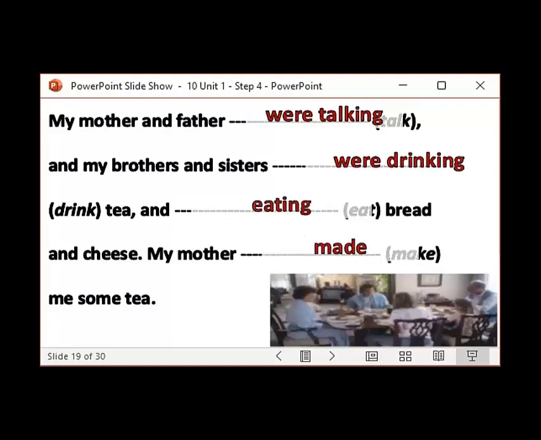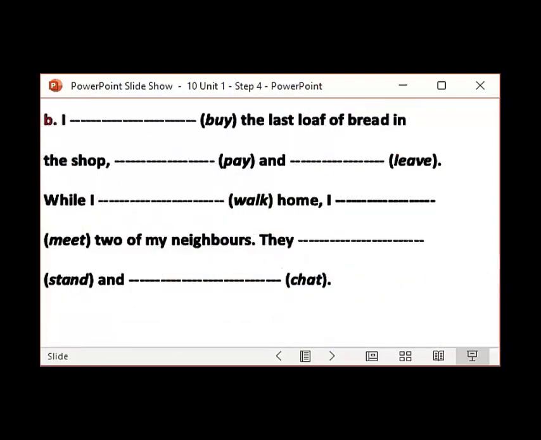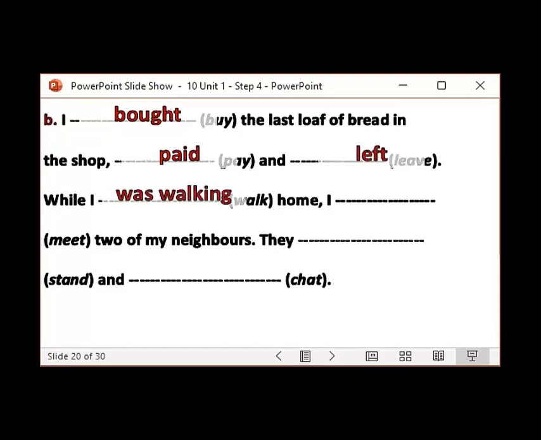My mother made me. I bought the last loaf of bread in the shop, paid and left. While I was walking home, I met two of my neighbors.